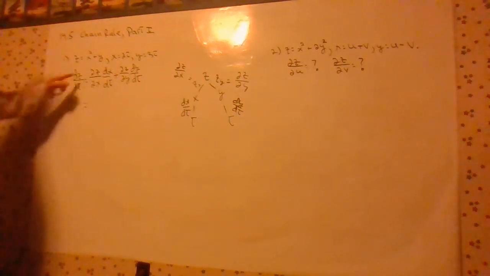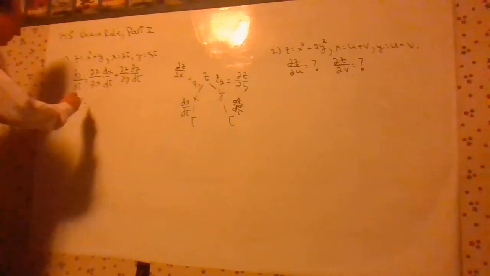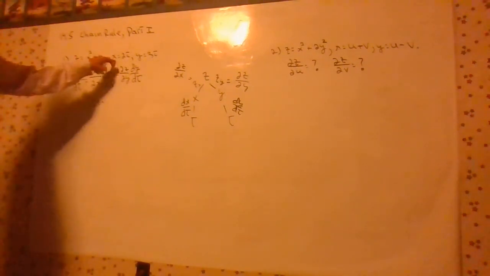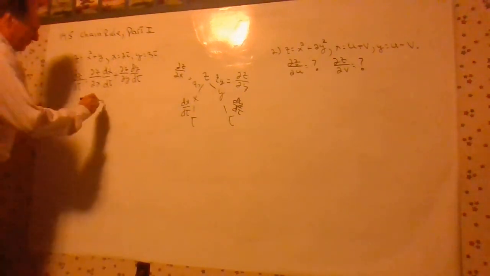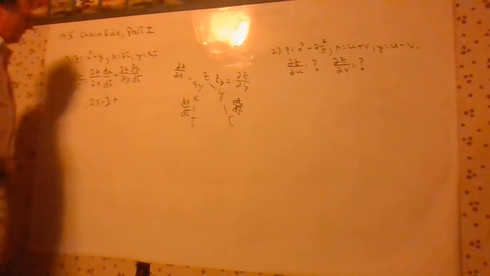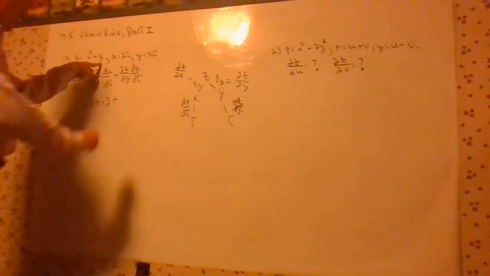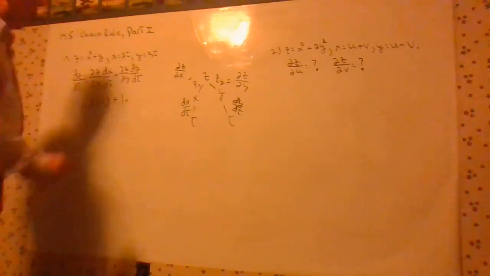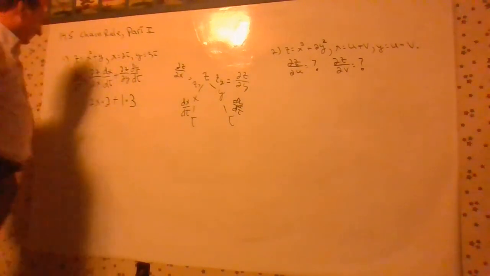Okay, and partial of z with respect to x is just plain 2x times dx/dt, that's 2, plus partial of z with respect to y, that's equal to 1, and dy/dt, that is just 3.